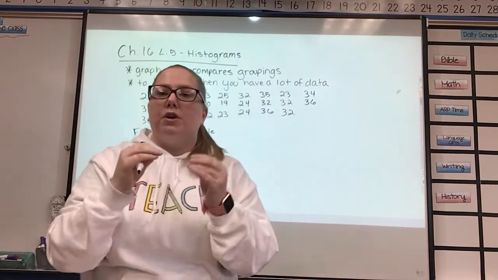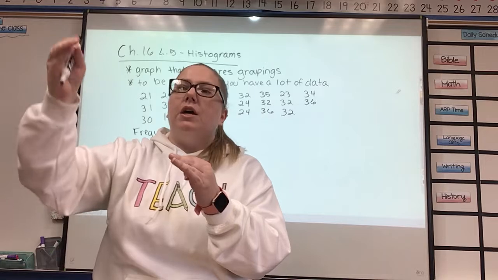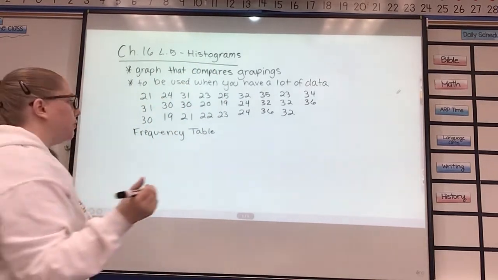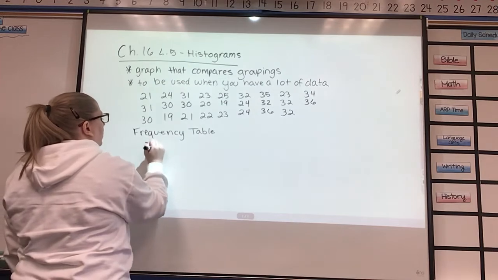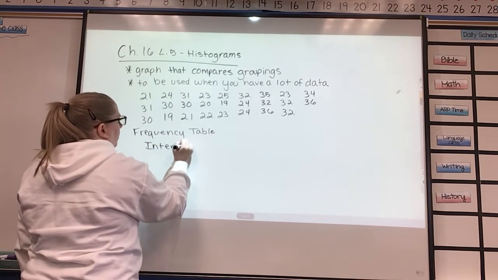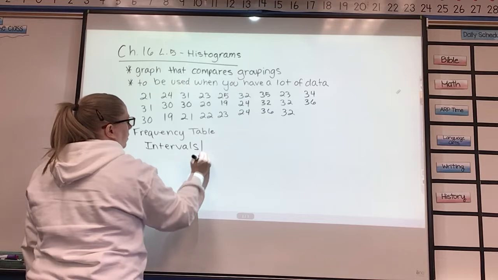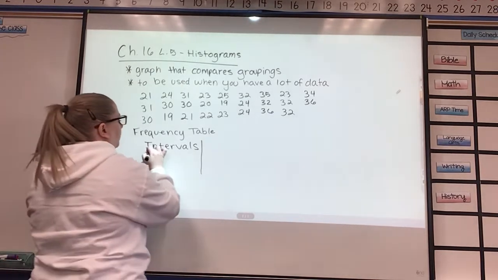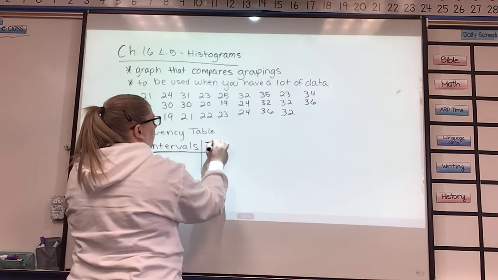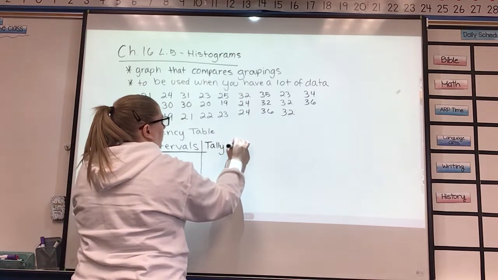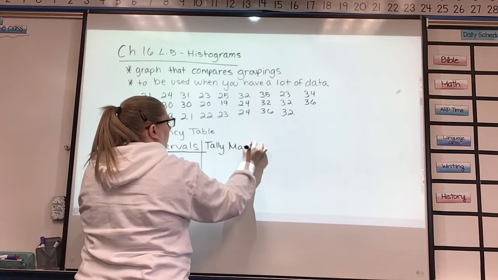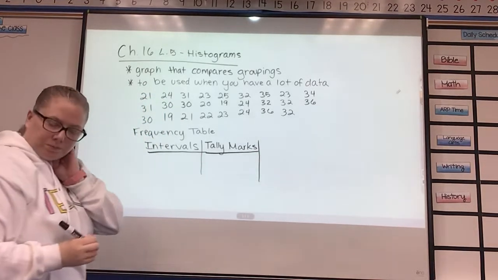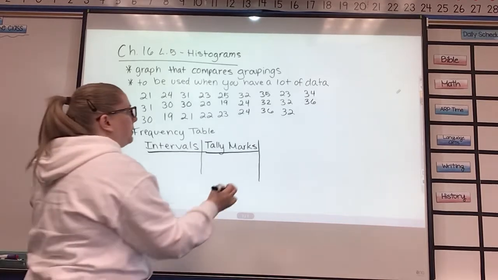A table that shows how many times these numbers show up. So I'm going to use intervals or groupings. Frequency.